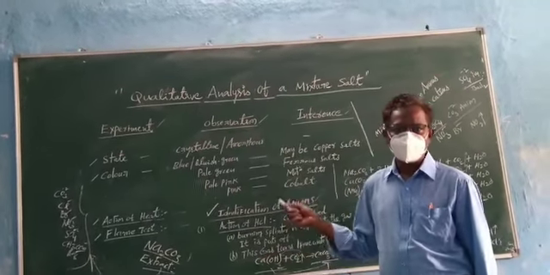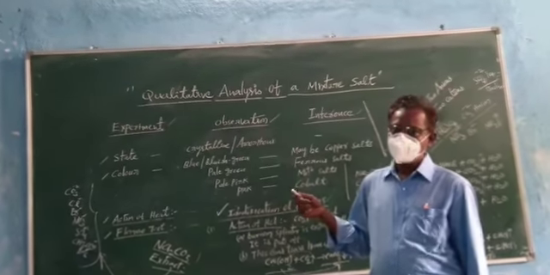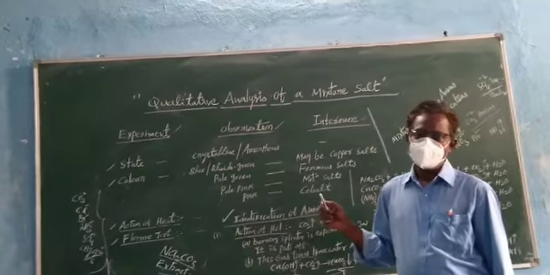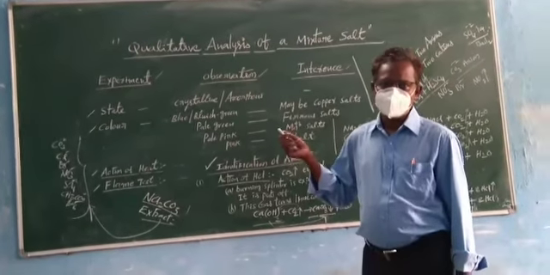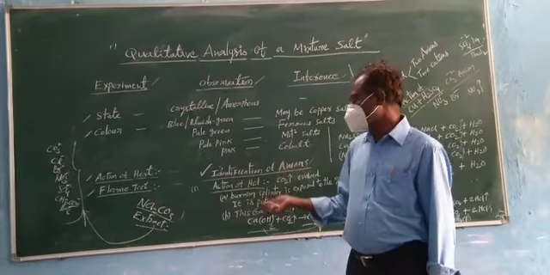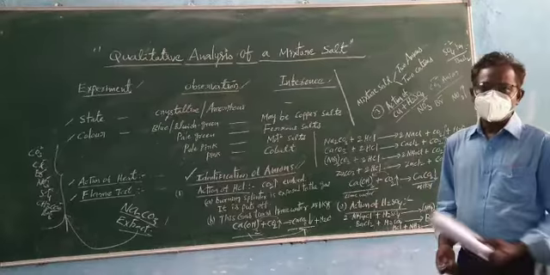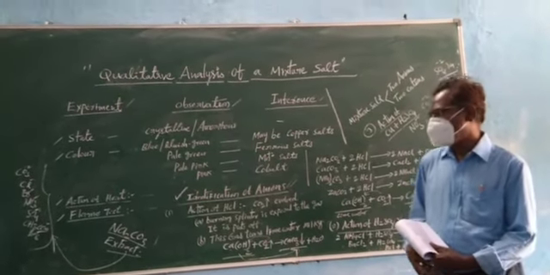By using sodium carbonate extract, you have to confirm the real positive anions that you got in the general identification test. So first identification of the anions, next confirmatory test for anions.